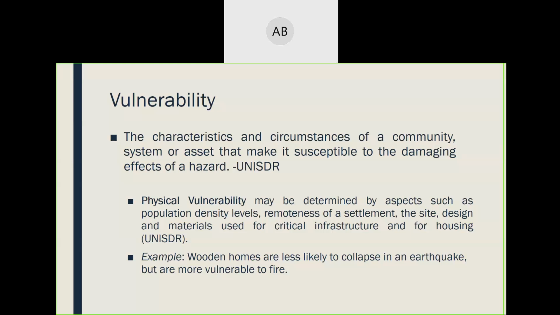Woods are easily caught by fire, which is not so in the case of bricks. We also have fire-resistant bricks, but in case of an earthquake, that brick itself may be the reason why you are more vulnerable. That is what will be explained by this statement.